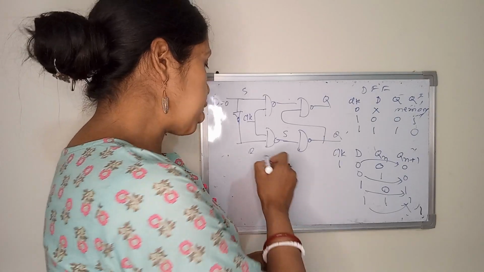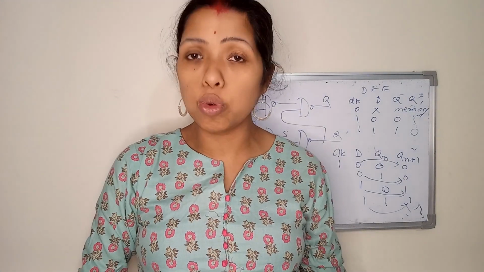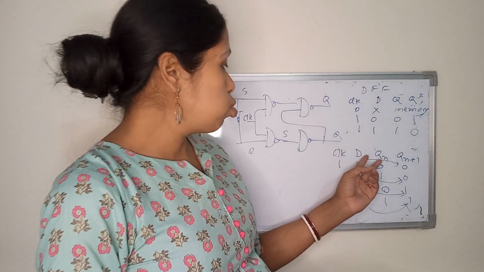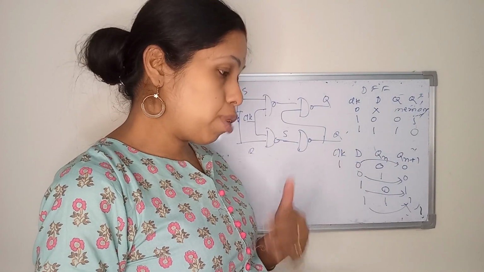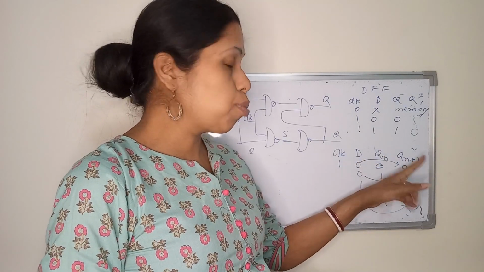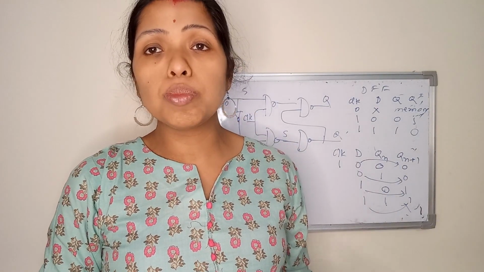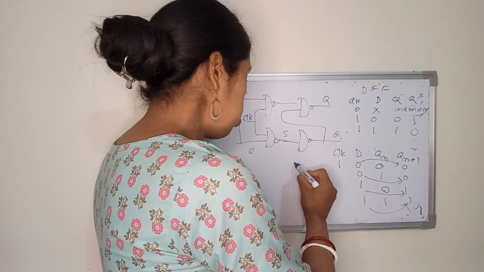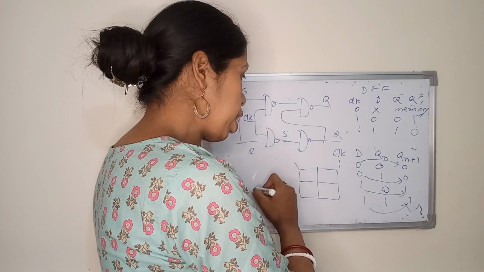Now from the characteristics table you can create the characteristic equation. For the characteristic equation you have to use D and Q, because Qn is used as an input for the present state. So you will use D and Qn as inputs and Qn plus 1 as the output. If you have the truth table, you can get the logical expression, right? We have two variables, so you need to use the two variable K-map.